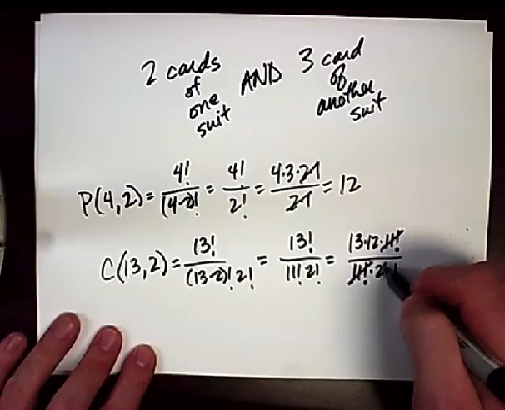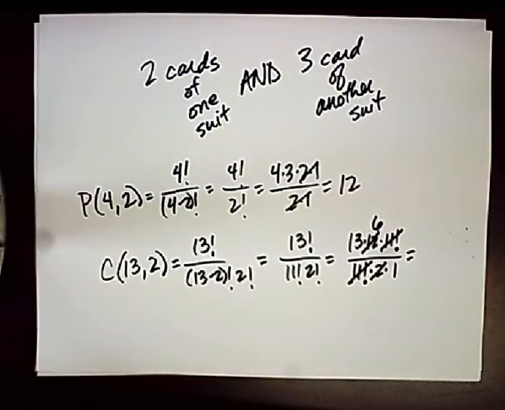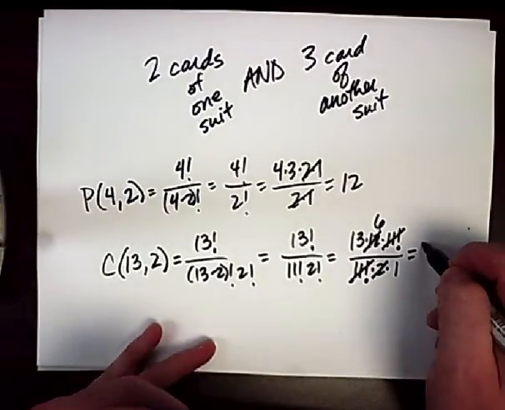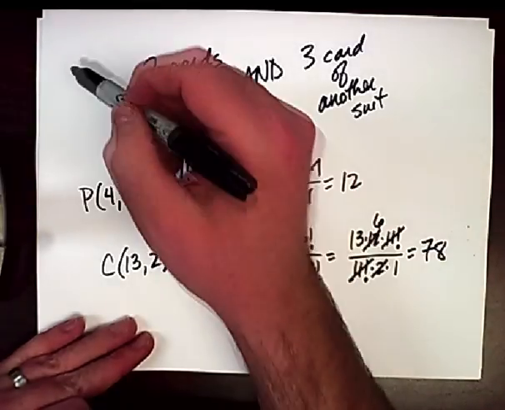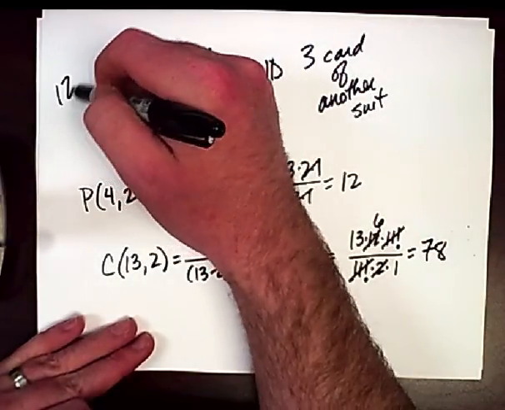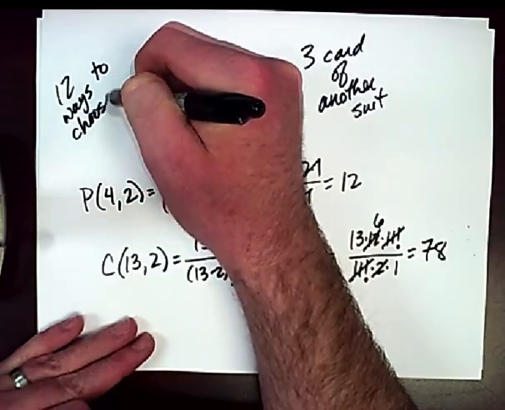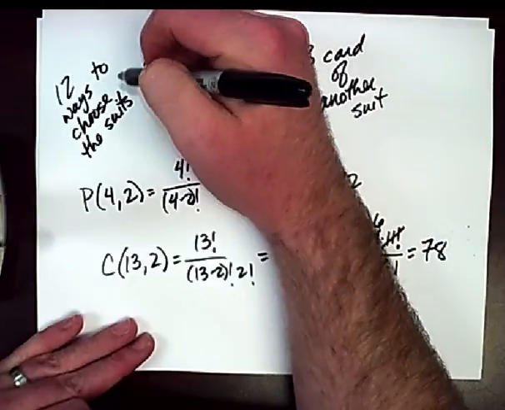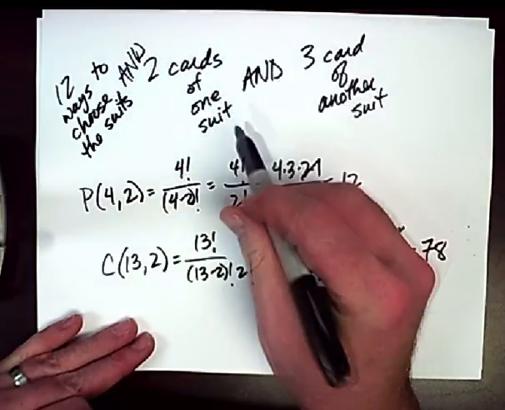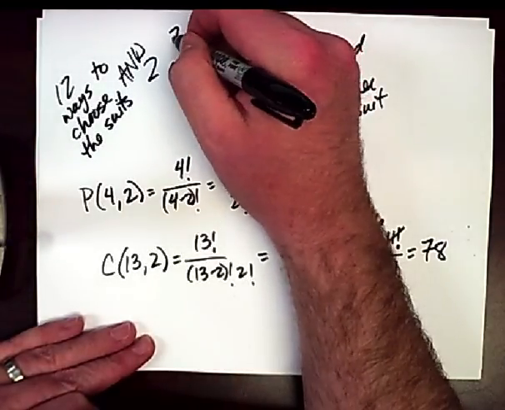Those cancel, and 2 goes into 12 6 times, and 6 times 13 is 78. So there's 12 ways to choose the suits. And after we do that, we want 2 cards of the first suit. Well, there's 78 ways for that.